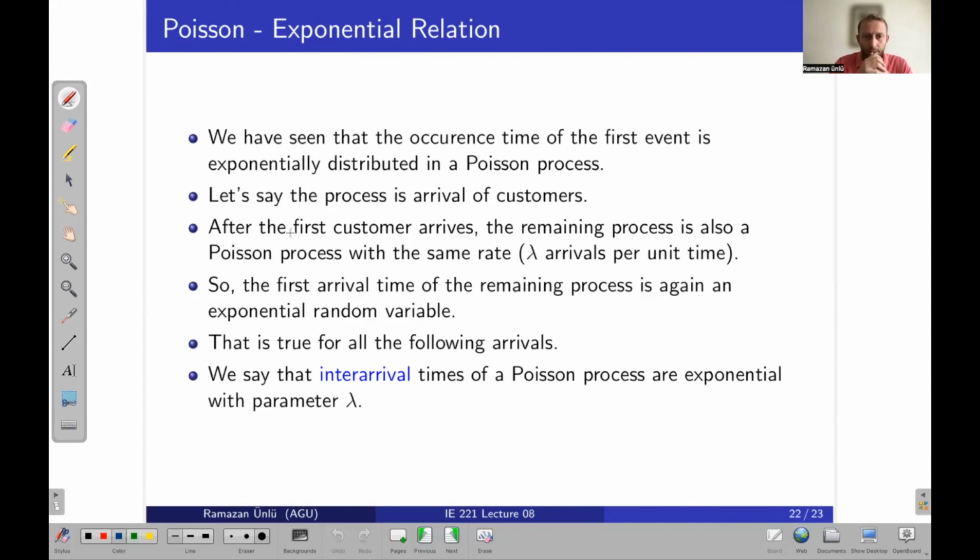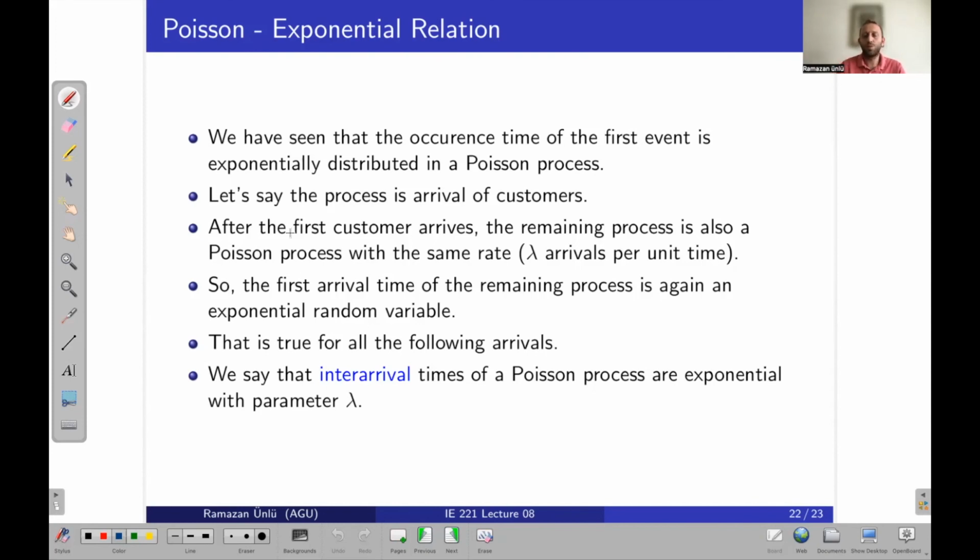And for the process, let's say the process is arrival of customers, just as an example to make concrete what we did so far. After the first customer arrives, the remaining process is also a Poisson process with the same rate, which is lambda. So the first arrival time of the remaining process is again an exponential random variable.